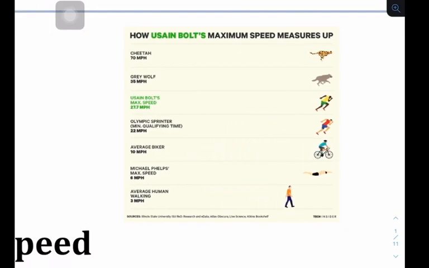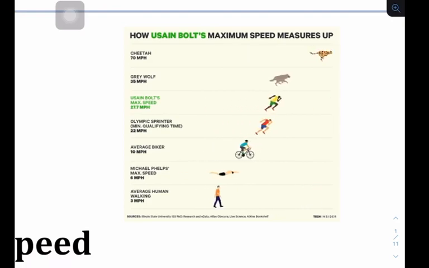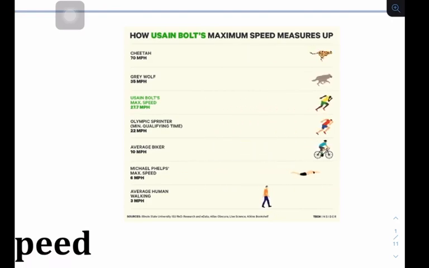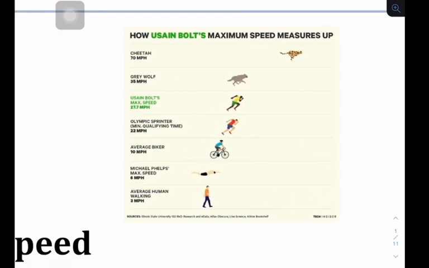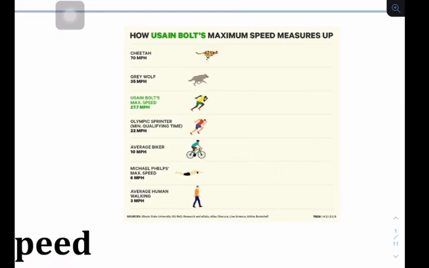Like I said, a speed is a distance divided by a time, or the ratio between a distance and a time. The faster something is, the more distance it will cover in the same amount of time compared to something that's slower.